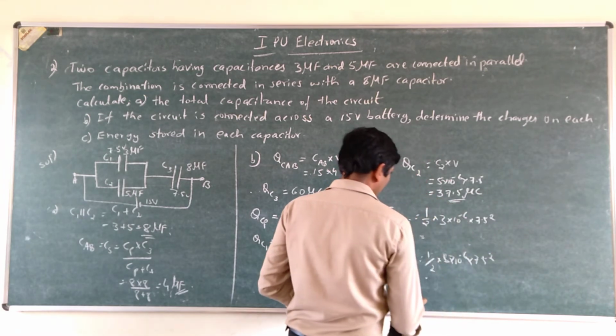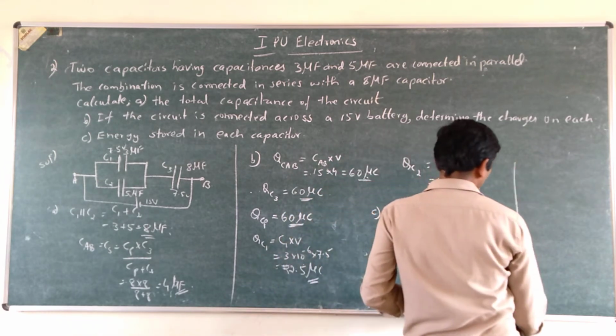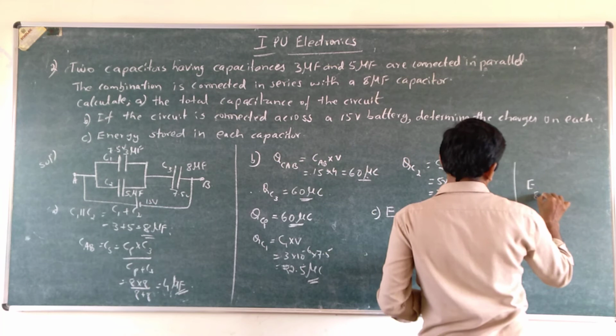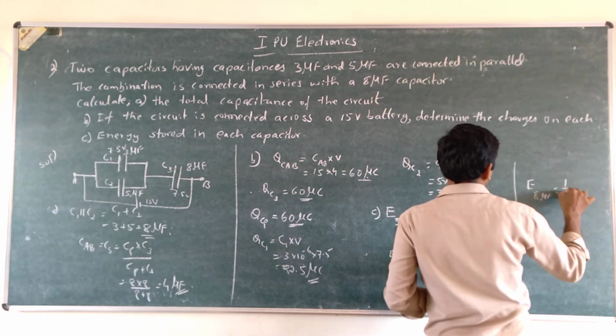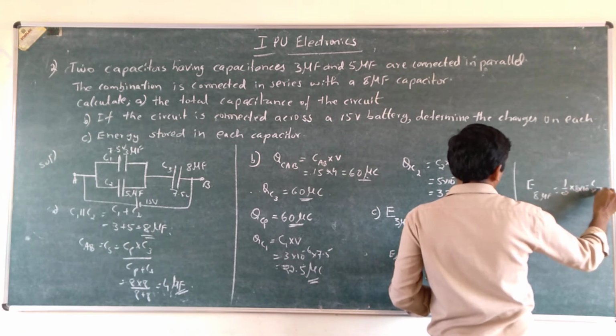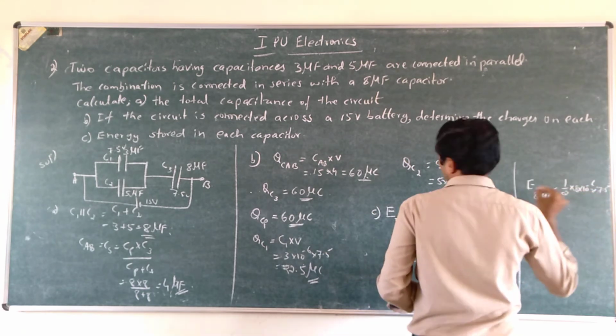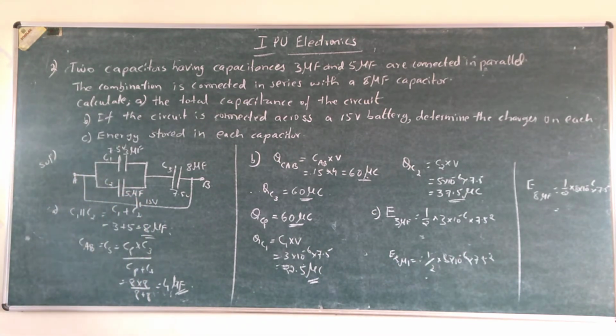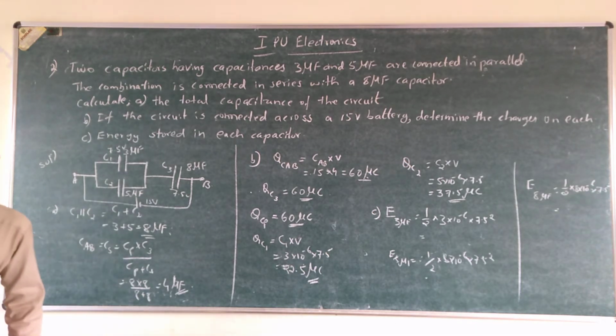And last one, E for 8 microfarad, half 8 into V square, 7.5 square. Yes, the calculation is 3 into 7.5 square.